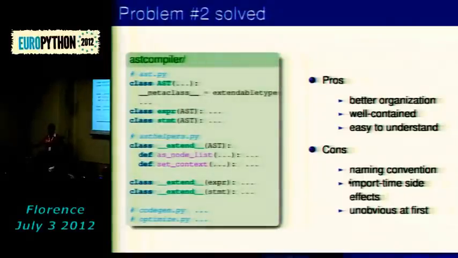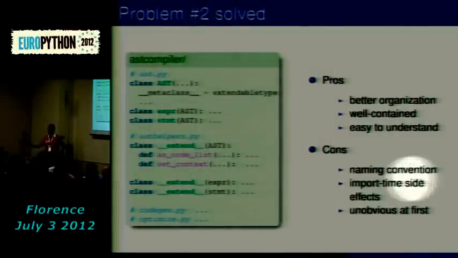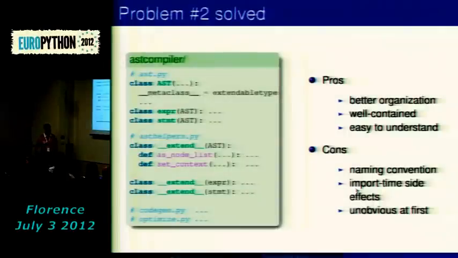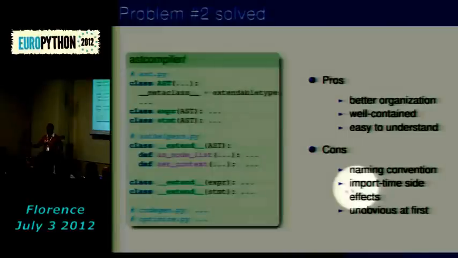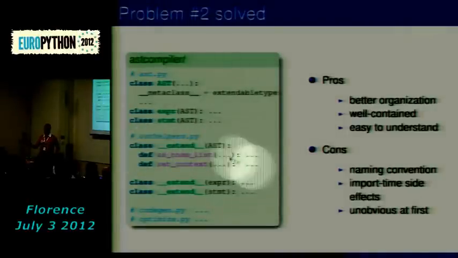Probably the worst bad effect of all is that by doing this we have import time side effects, because as long as we don't import the module, for example, this AST helpers.py, our AST class doesn't have these methods.